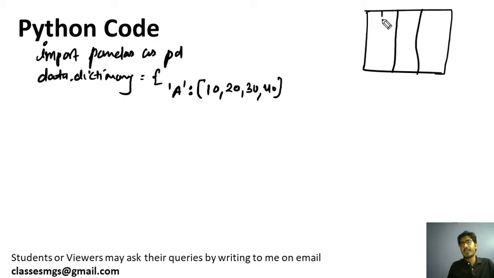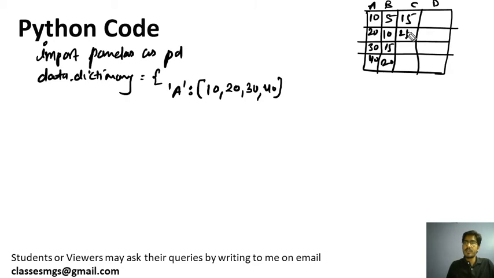This is important to understand, because if you don't understand this then it will be difficult for you. So A, B, C, D are columns which have 10, 20, 30, 40, and then 5, 10, 15, 20, then 15, 25, 35, 45, and 20, 40, 60, and 80.